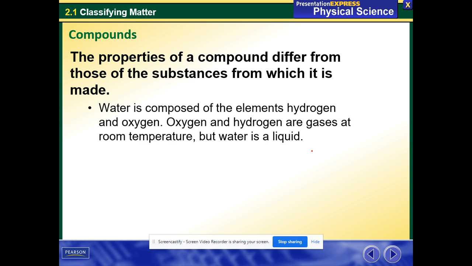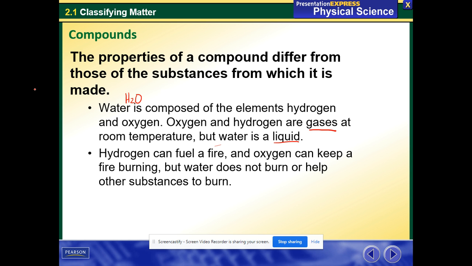A good example of this is water. I've stated already that water is H2O. It is made up of the elements hydrogen and oxygen. If we look at the properties of hydrogen and oxygen, we notice these are both gases, but water, which is the compound that they make, is not a gas. It's a liquid. So that's one way that they're different.